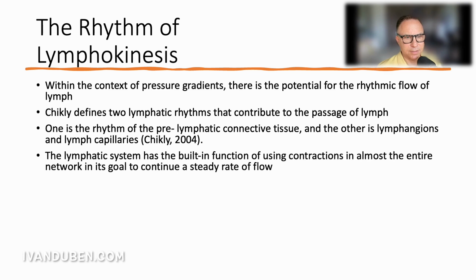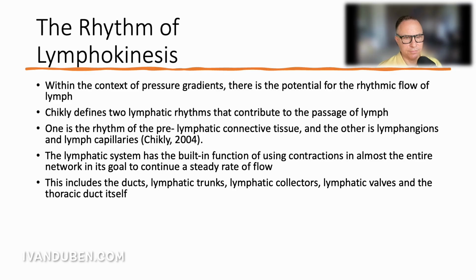The lymphatic system has the built-in function of using contractions in almost the entire network, and its goal to continue a steady rate of flow, and that's mostly utilized when we are moving. However, when we are not moving, that's where we can run into problems.